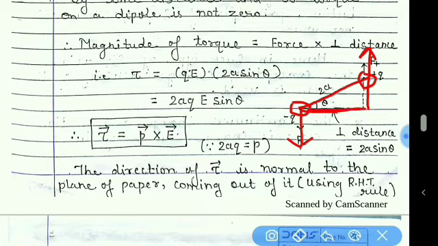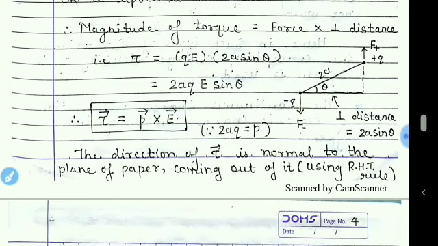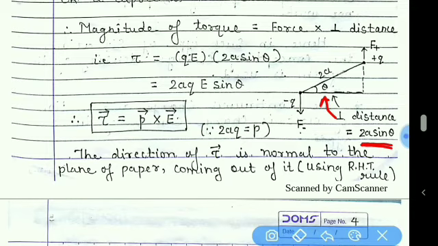Here this dipole makes an angle theta, and so this distance is nothing but 2a sine theta, which is the perpendicular distance, and so we have kept here 2a sine theta.